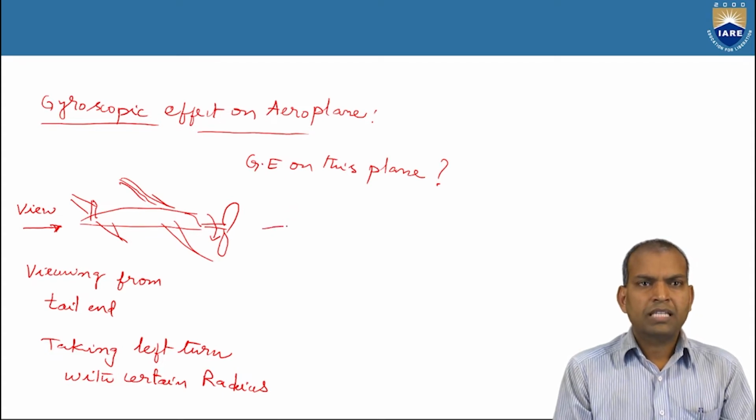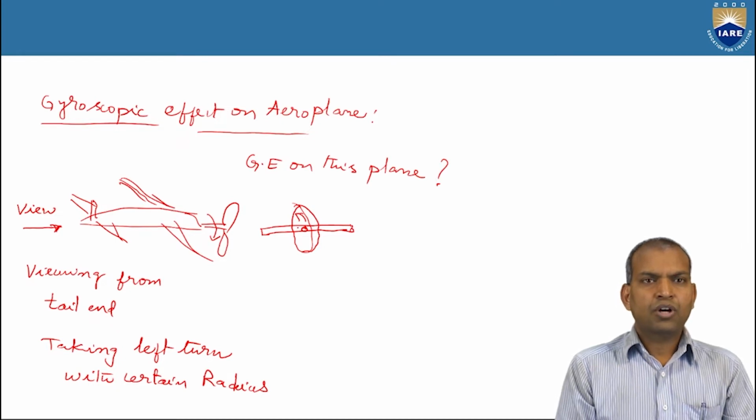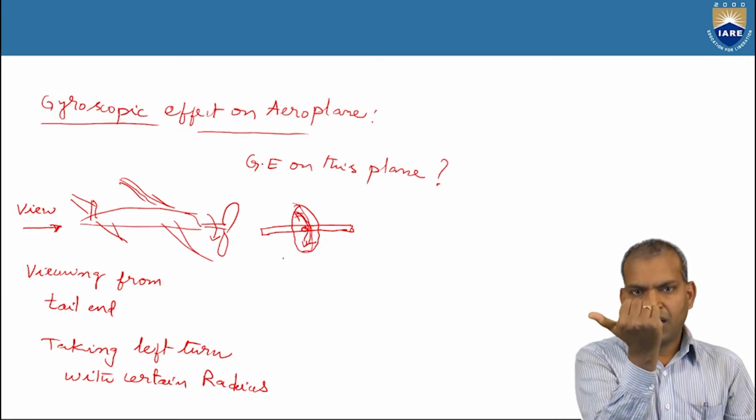Suppose there is a circular disc attached to a shaft. It is in this direction. The direction of rotation is clockwise.